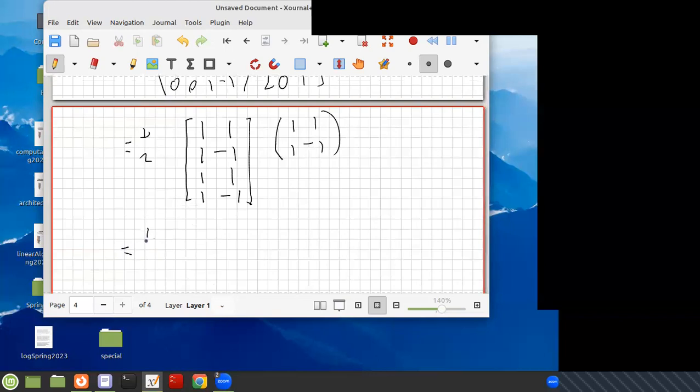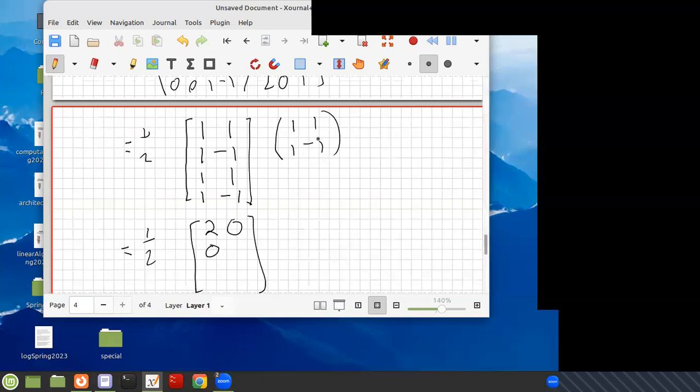And then we have 1/2, and 4 by 2 times 2 by 2 is going to be another 4 by 2, which is 2, right? 1 times 1 plus 1 times 1 is 2. Then this one will be 1 plus will be 0. This one will be 1 times 1 plus -1 times 1 is 0.